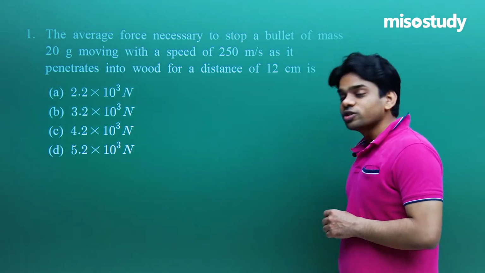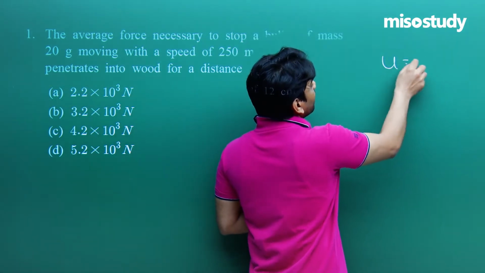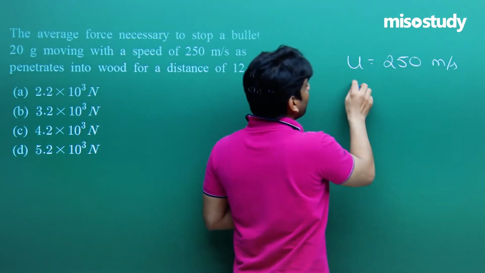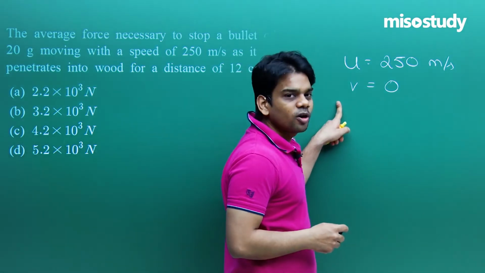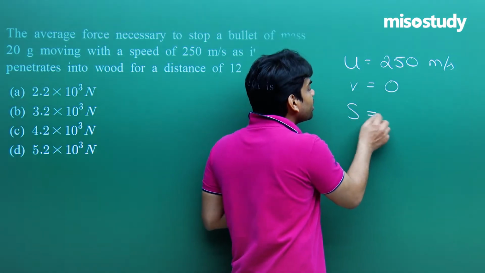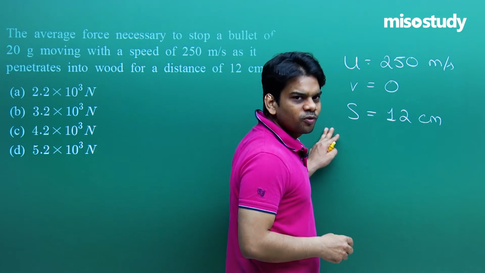So we will find the deceleration produced. Its initial velocity is given as 250 meter per second. Its final velocity is 0. This is what we are getting from the given information. It stops. Now the distance traveled in the wooden block is 12 centimeter. This is what we can use.